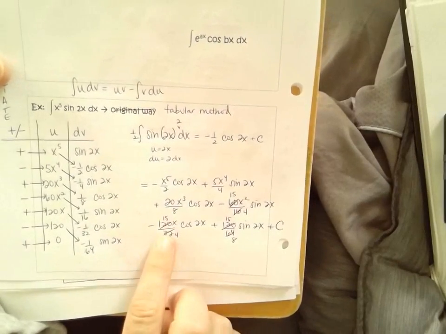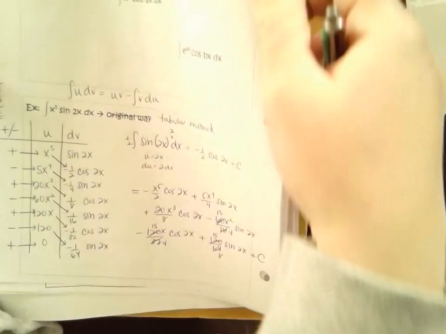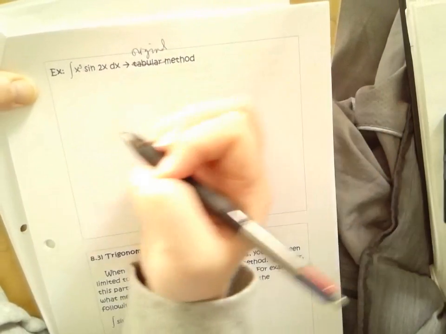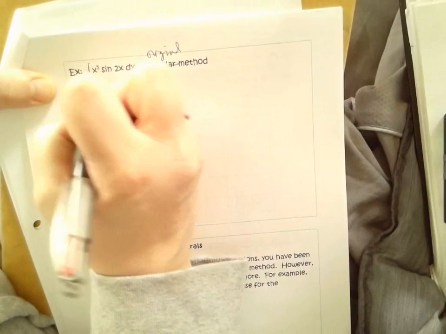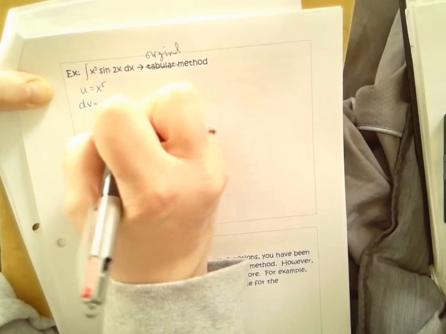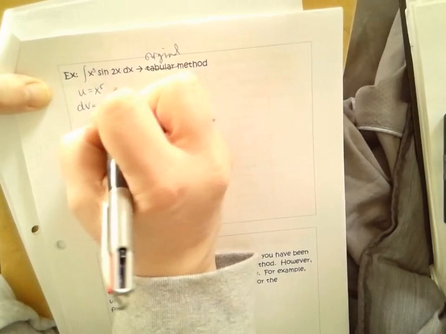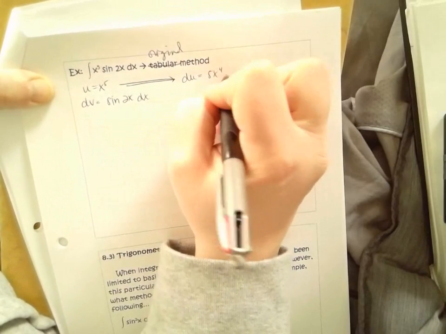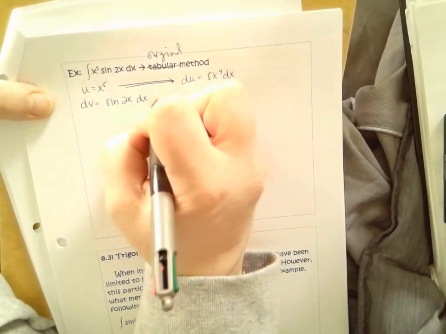But what would this look like if we tried to do it the original way? So switch these up. If I wanted to do this the original way, u would be my x to the 5th, dv would be my sine 2x dx. du would be 5x to the 4th dx.